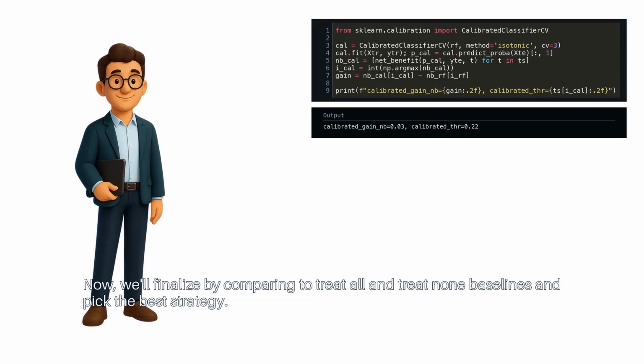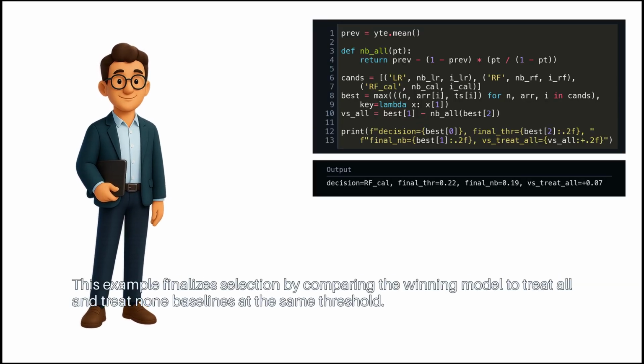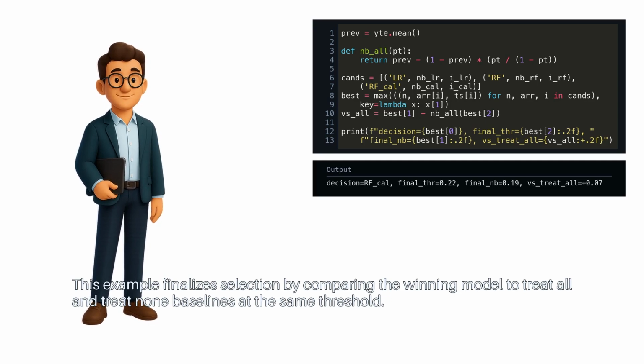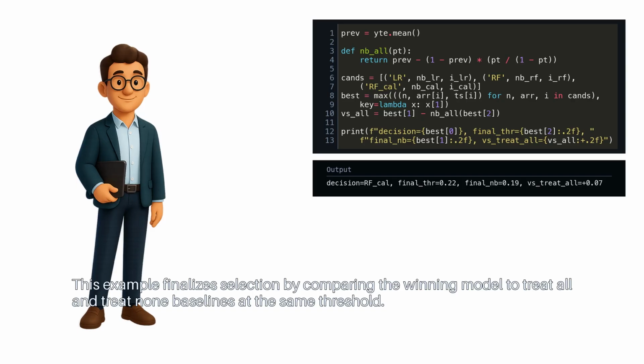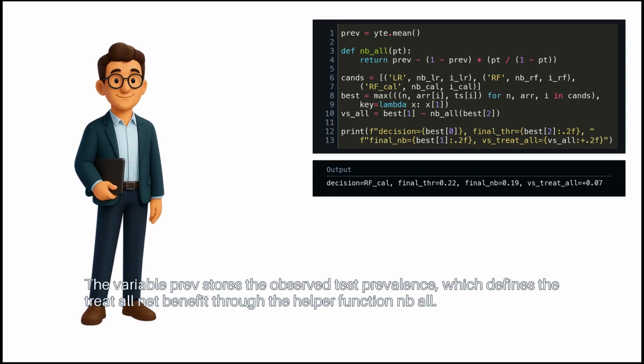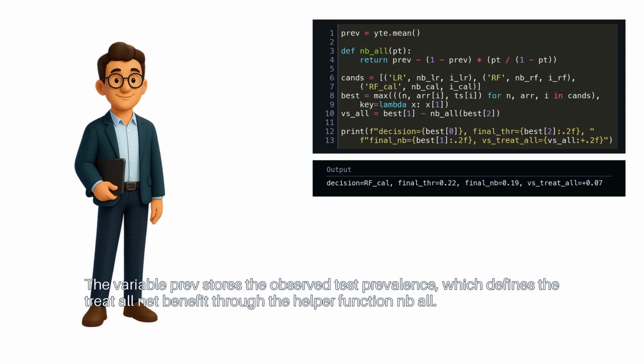Now, we'll finalize by comparing to treat all and treat none baselines and pick the best strategy. This example finalizes selection by comparing the winning model to treat all and treat none baselines at the same threshold. The variable prev stores the observed test prevalence, which defines the treat all net benefit through the helper function nball.